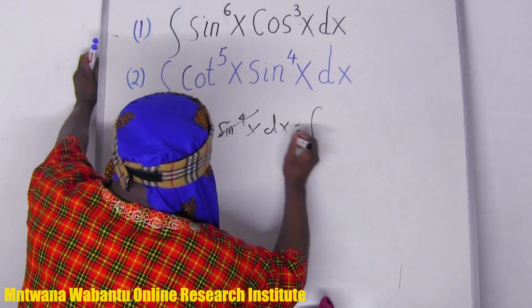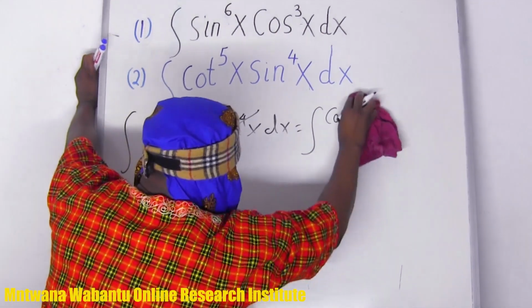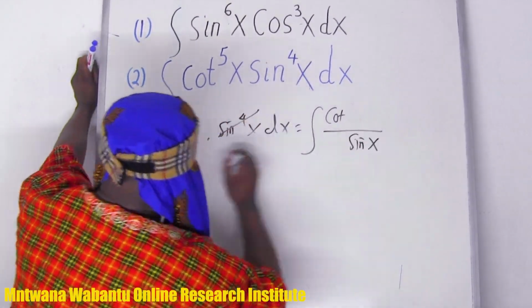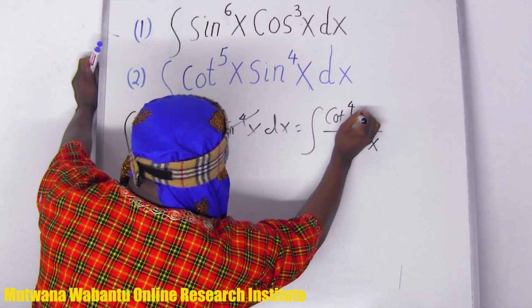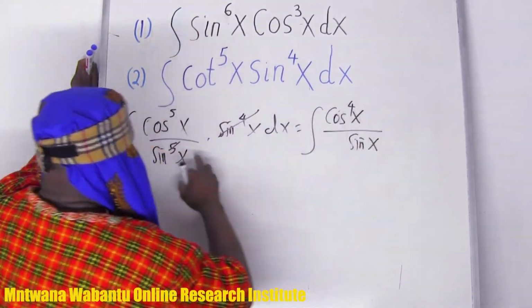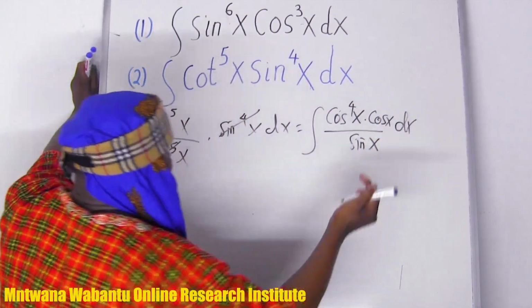So this one is the integral of cot 5x, but let me break it down. Since I have one sine x at the bottom, on top is cos power 4x, and then here I'm going to write cos x dx. But cos over sine is cot.